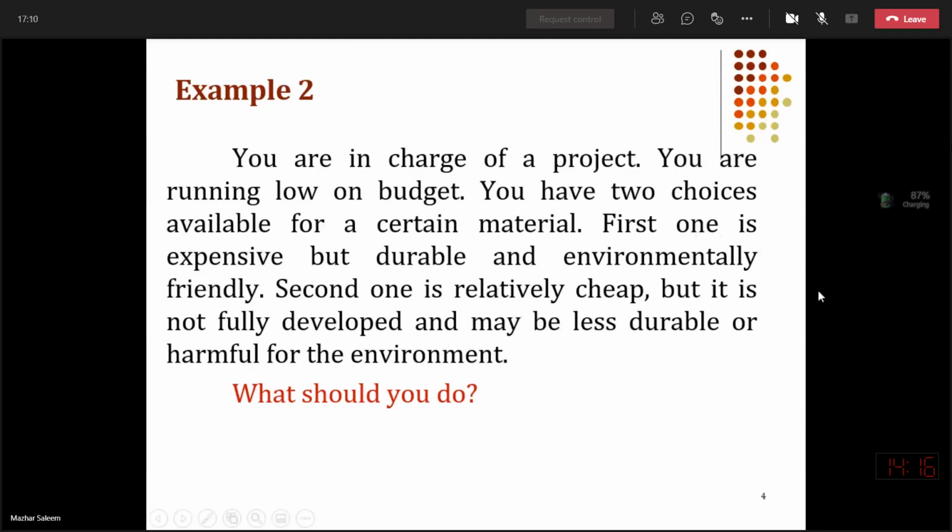Anybody having any question about this or any comments about this? Let me see how many attendees are there in our class. Okay, 38 attendees. So does anybody want to comment on this or any question, or you want to give another example of ethical dilemma that you might have seen anywhere or you have experienced by yourself?